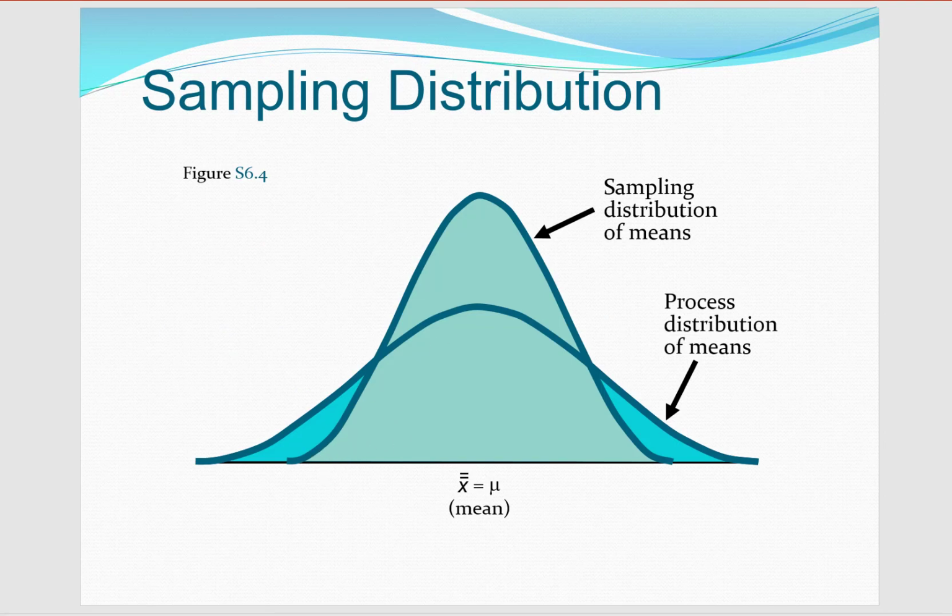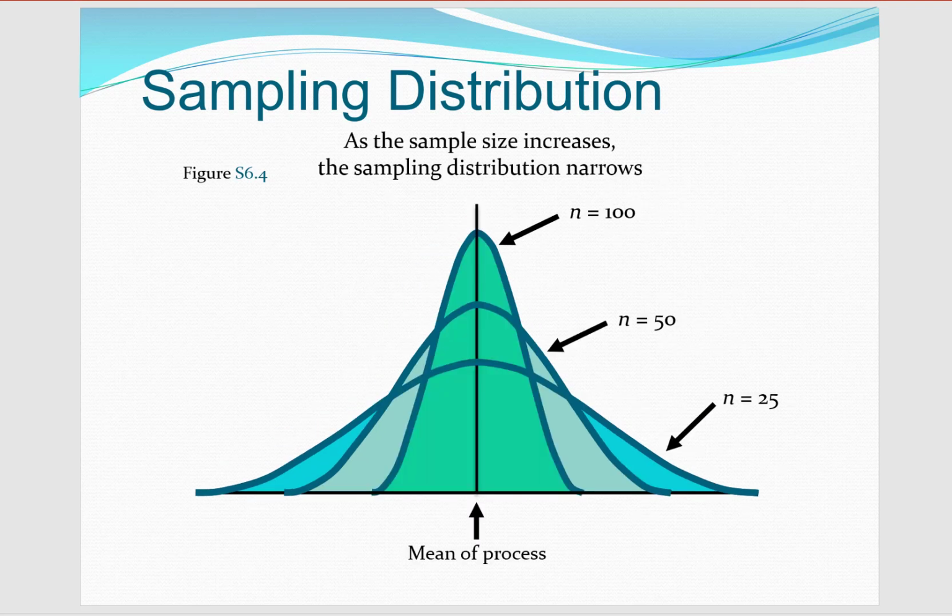If this flat curve is the process distribution, then this peaked one is a sampling distribution of the means. So you always get a better fit, or a tighter fit, when you are working with the sampling distribution.